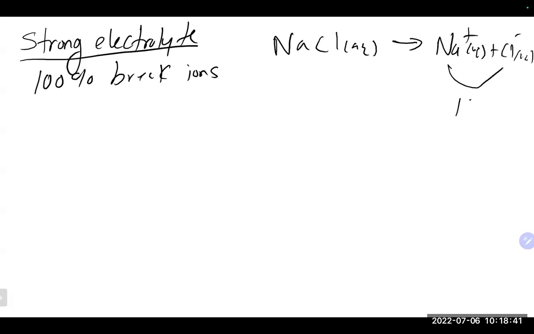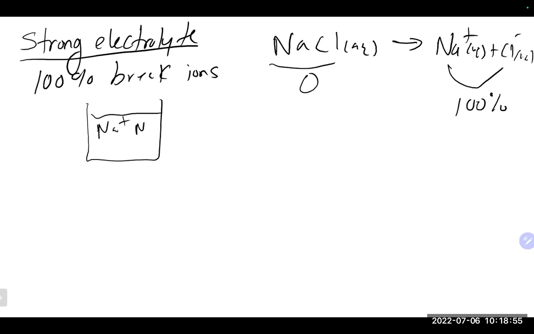If you had a solution of sodium chloride, all you've got floating around are these ions. Because it creates a lot of ions, it's able to conduct electricity really, really well.